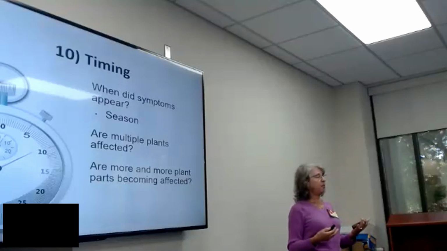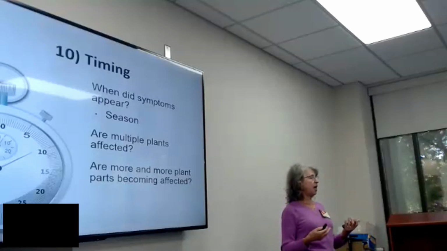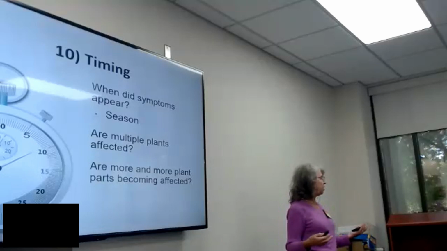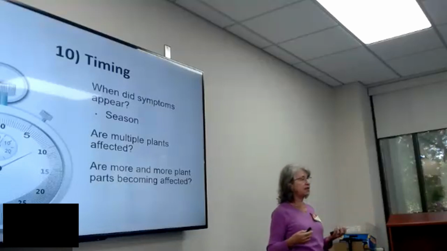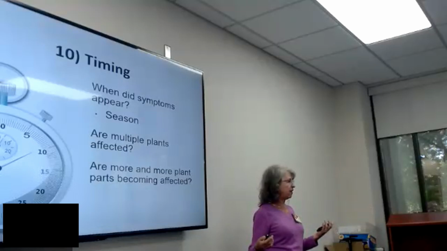Again, think about timing. Things happen at different times of the year that may affect whether a plant is getting something. This time of year, there's lots of secondary plant disease out there, a lot of things you don't really need to worry about. Those leaves are going to fall off the plant anyway.